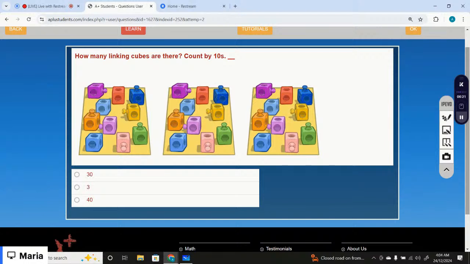The correct option is 30. You have to skip count by 10. That is 10, 20, and 30. The correct option is 30. Option number one is the correct option.